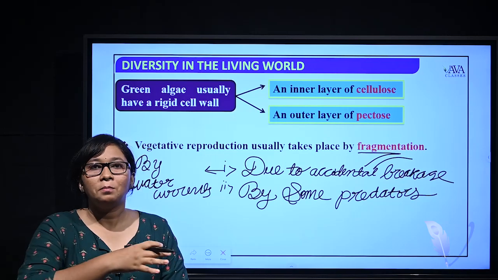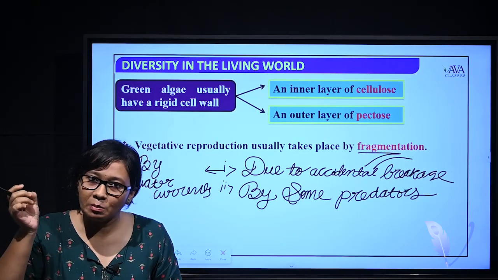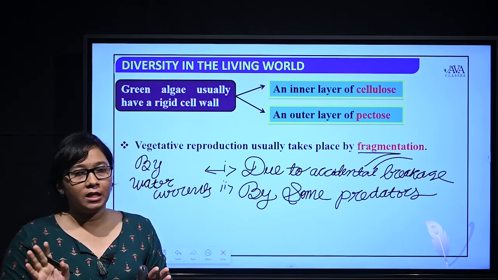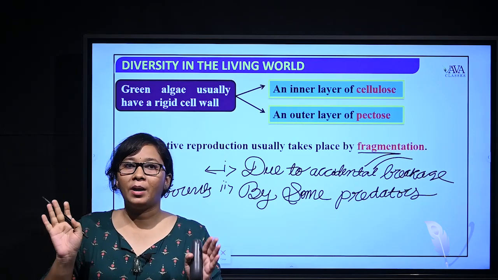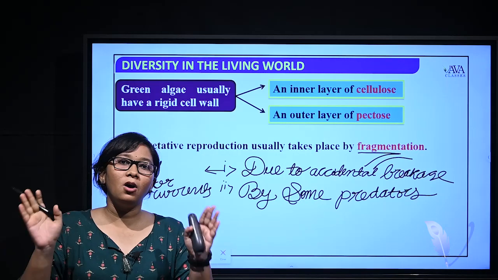When predators pass through the plants, they might break them. That broken part has the potential to grow into a complete plant body. Clear? So, this is the fragmentation process, or the vegetative reproduction process, of the algae.